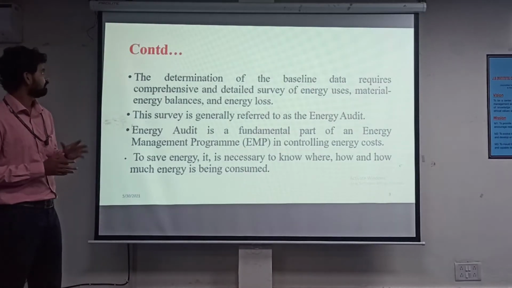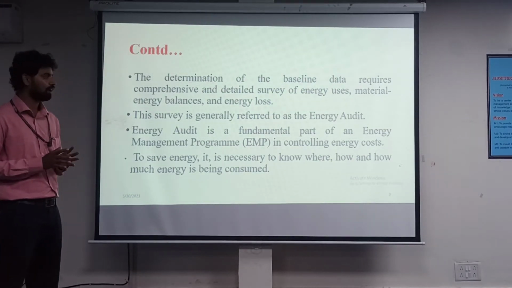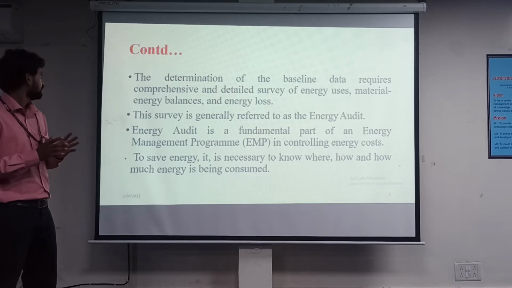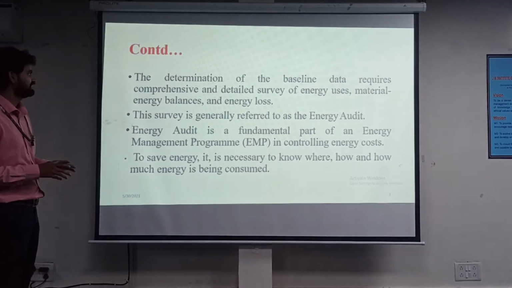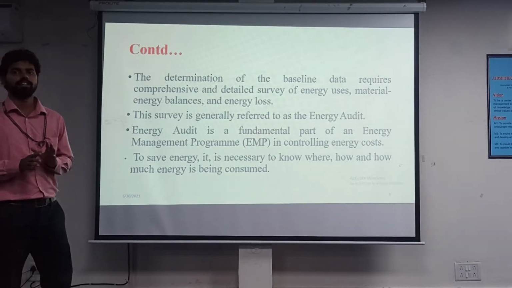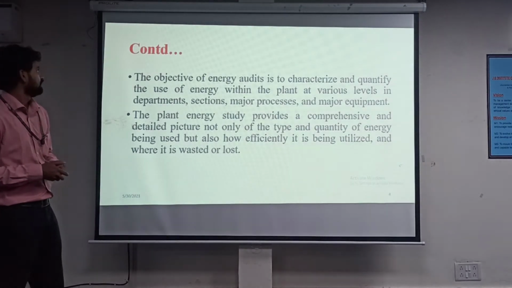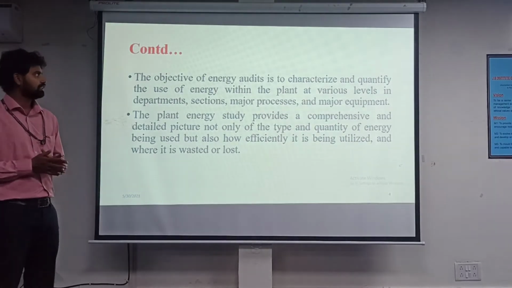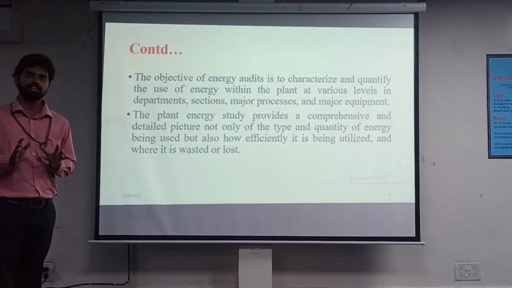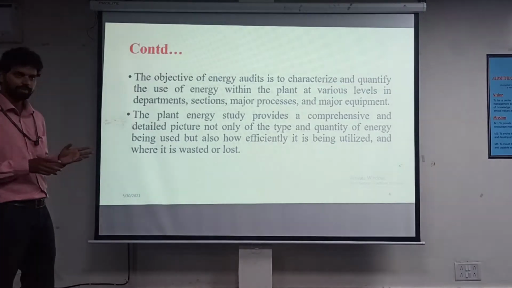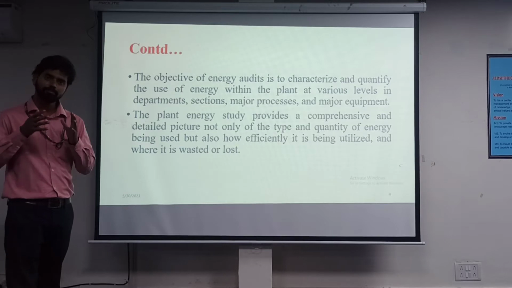Next, the determination of this baseline data requires comprehensive and detailed survey of energy usages, then material energy balances and energy loss. So this survey is generally referred to as energy audit. The objective of this energy audit is to characterize and quantify the use of energy within the plant at various levels, like at departments or at sections or at major process or even at major equipment level.